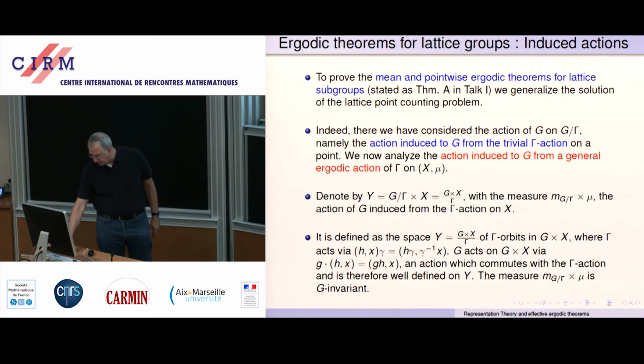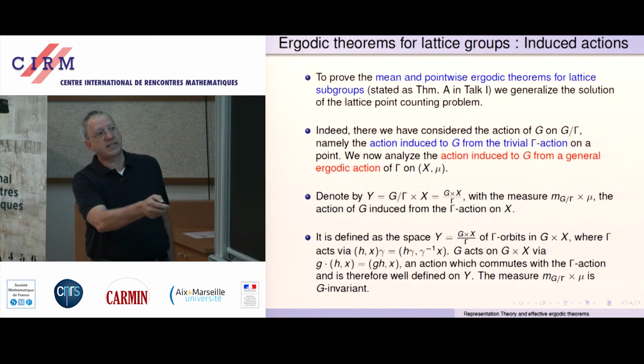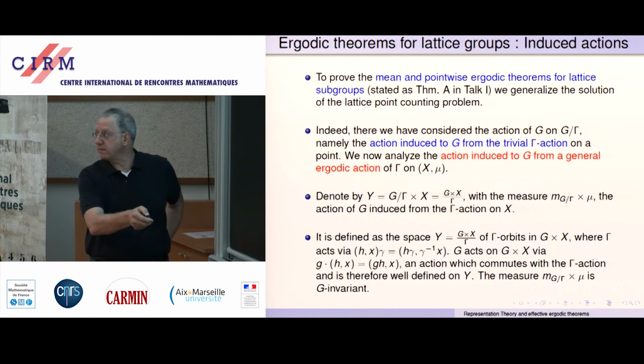Now, what is the action here? The space Y is defined as the space of gamma orbits in G times X. So G times X is a nice product space, and gamma acts on both sides.